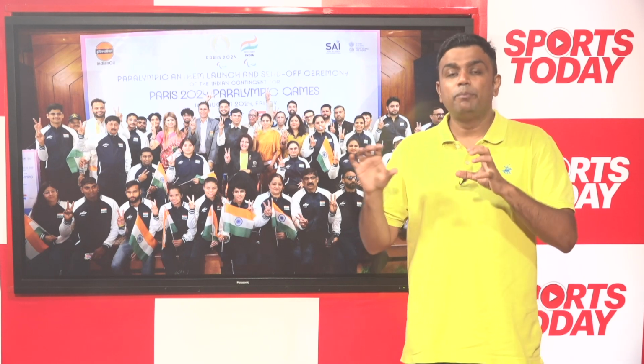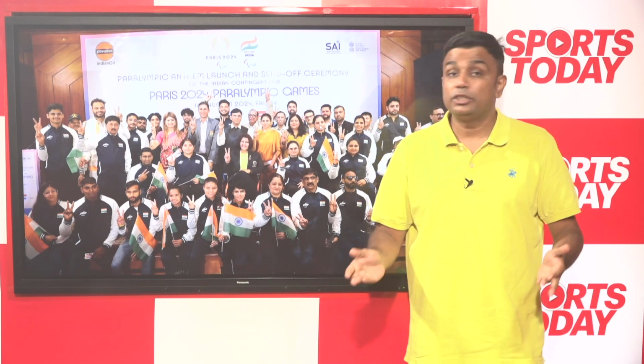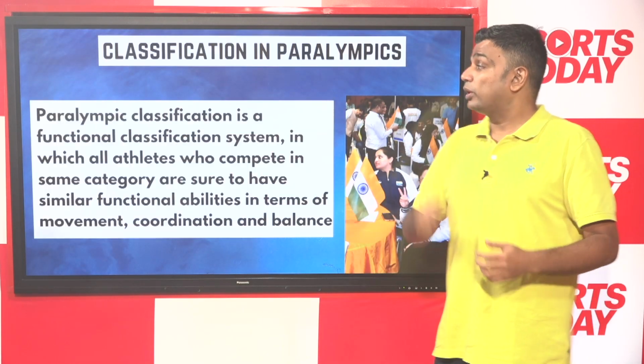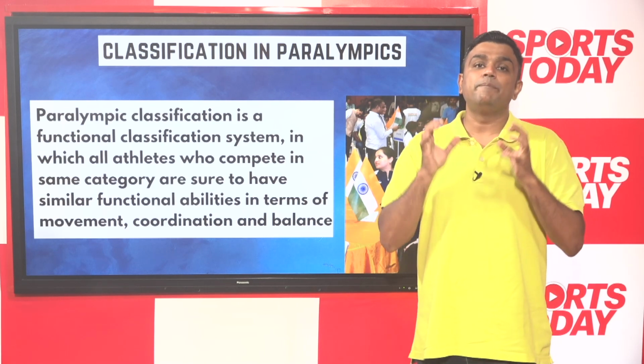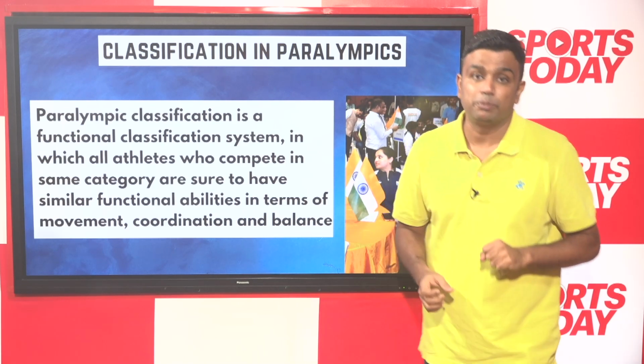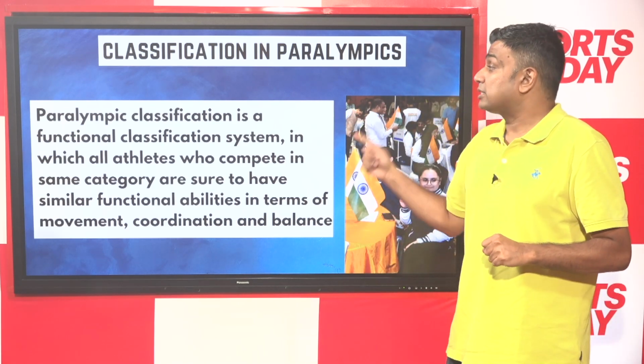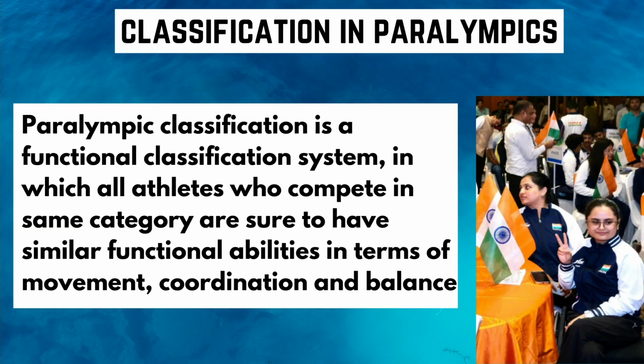Now I'll just give you a brief example of what these classifications are for, because the classification in Paralympics is based on certain principles. Paralympic classification is a functional classification system. Whatever function your hands or limbs are able to do with a certain level of disparity, all athletes who compete in the same category are sure to have similar functional abilities in terms of movement, coordination and balance.